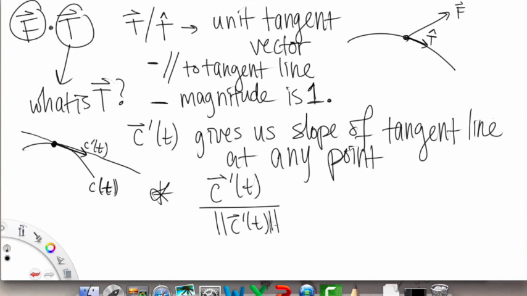That's how you normalize any kind of vector that isn't already of length 1. All right, so this is our t arrow, or you could put t hat, because it's the unit tangent vector technically. You could put either one. So let's keep this in mind, and we'll return to our formula.